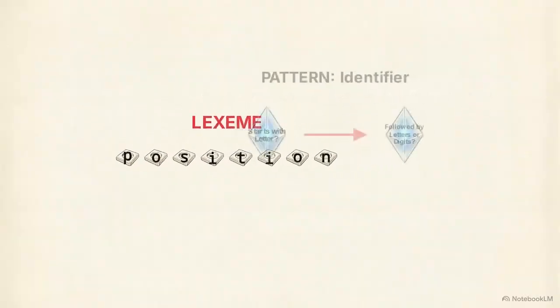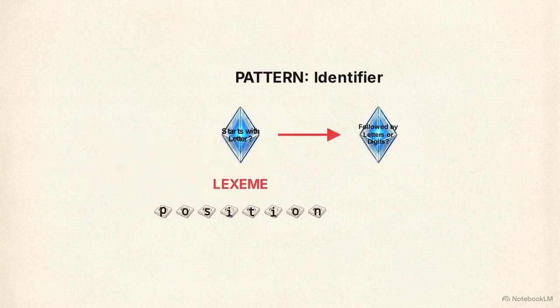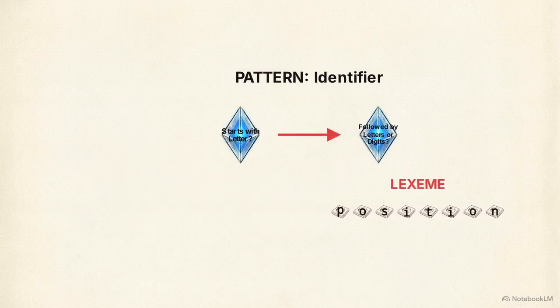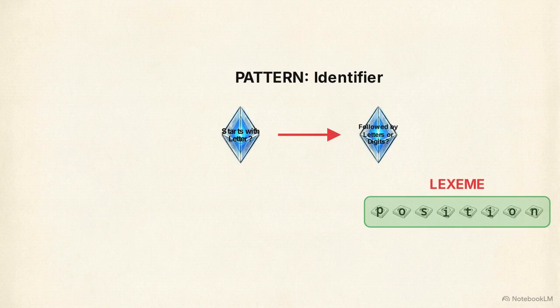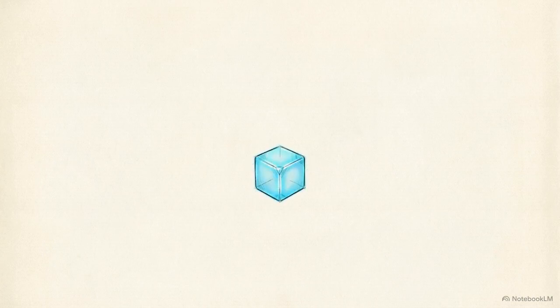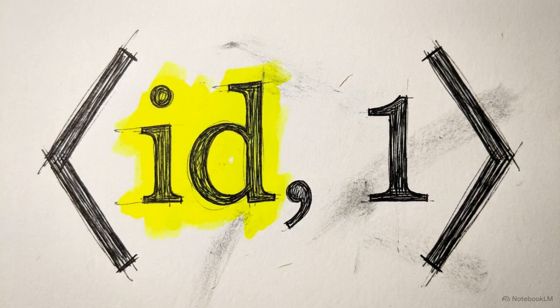The isolated characters form our first data structure, the lexeme. The lexer evaluates this against a pattern, a programmatic rule like a regular expression. The word position perfectly satisfies the identifier pattern and is packaged into a token, the abstract tuple ID, 1. The first half of this tuple is the token name.